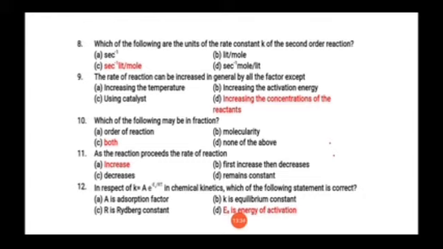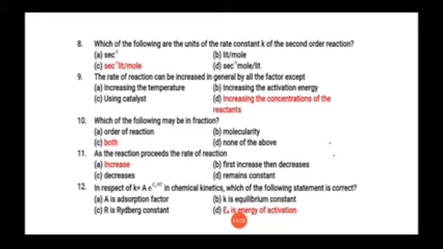So students, we have already discussed there are 2 topics in our syllabus, effect of temperature and effect of catalyst, and in the topic of effect of temperature we also discussed activation energy. So what is left? The correct answer is option D, increasing the concentration of reactants. It will not increase the rate.